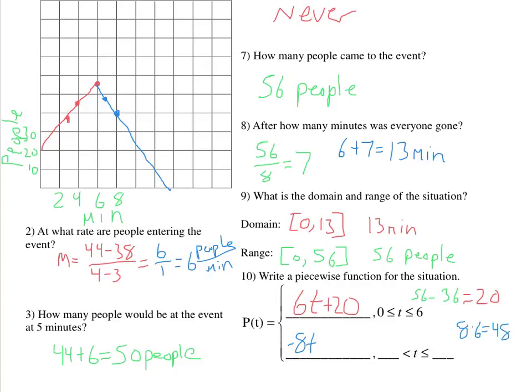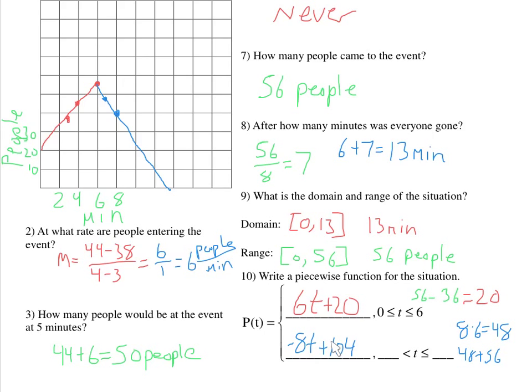That would be 48. 6 times 8 is 48. So what I'm doing is I'm adding 48 to 56. So 48 plus 56, you would get 104. So that is your y-intercept. It would hit at 104 up here somewhere, and that's your slope.